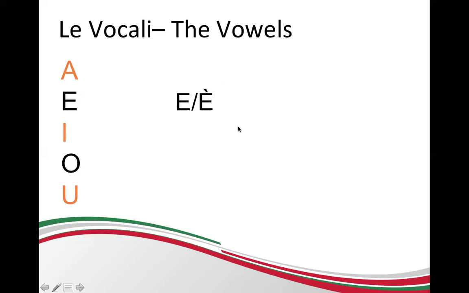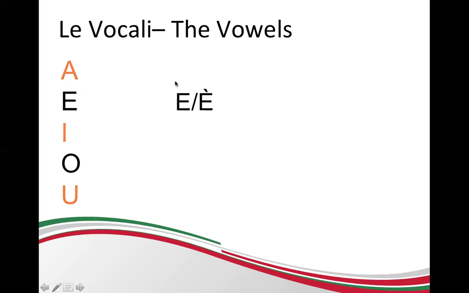Accent going down is what we call an open E. Your mouth is literally going to be a little more open for that E sound. Your jaw is going to drop a little lower. This one on the left, this E, is a little close. Your mouth is a little more closed, so we call it a closed E. Every time you see this accented with the down accent, E, it's an open E.